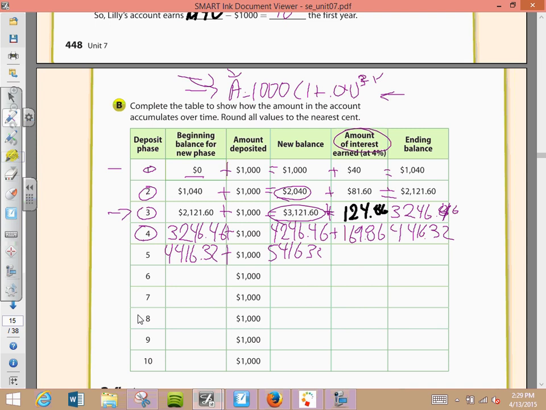And take whatever you get from 1,000, and you get 216.65. So then you add your new value, and you get 5,632.97. That's what I got. I said 97. And that's all I did.